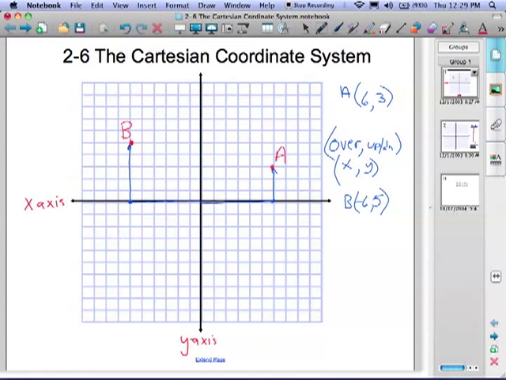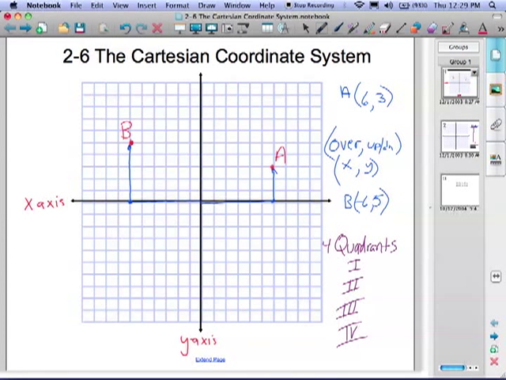Now that we have this graph that has a whole bunch more places to put points, it's broken up into 4 quadrants. 1, 2, 3, and 4. Depending on where things are located.